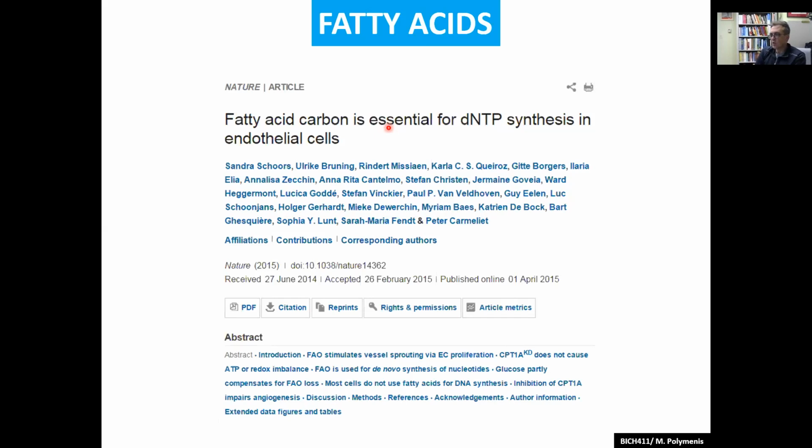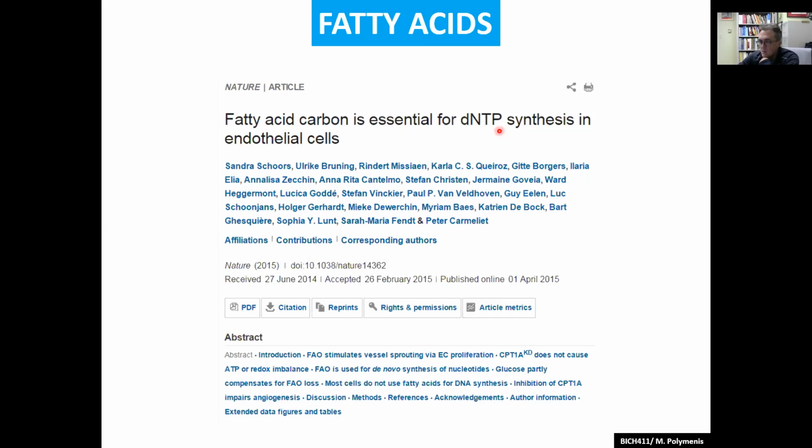That has been the dogma, and it's probably correct in most cases, but now more and more exceptions keep coming up. If you label fatty acid carbon, when you break down the fatty acid, you shouldn't find this carbon labeled into bigger molecules, such as nucleic acids, nucleotides, the NDP synthesis.